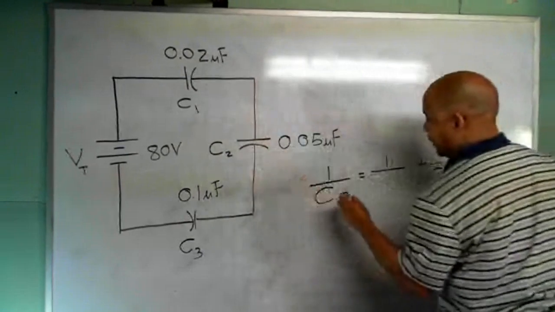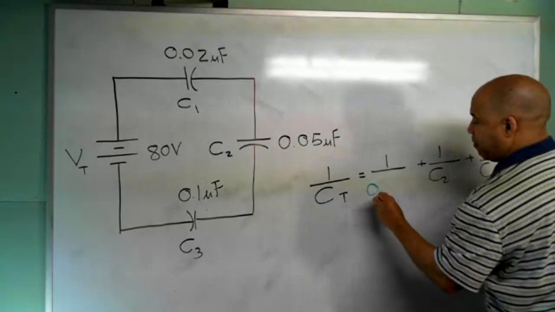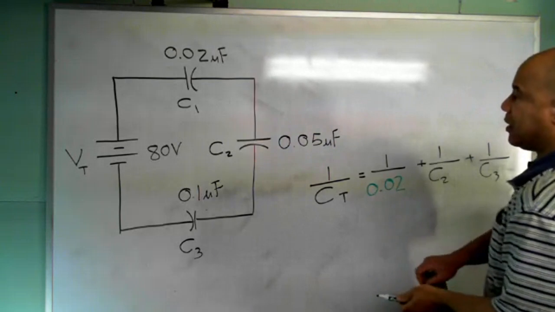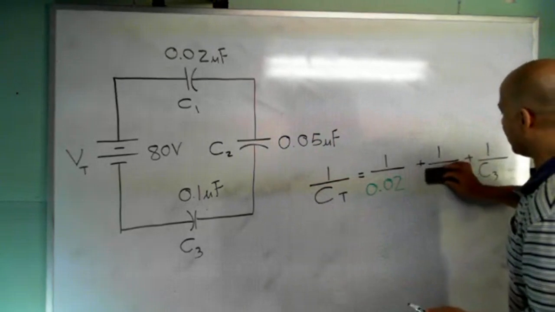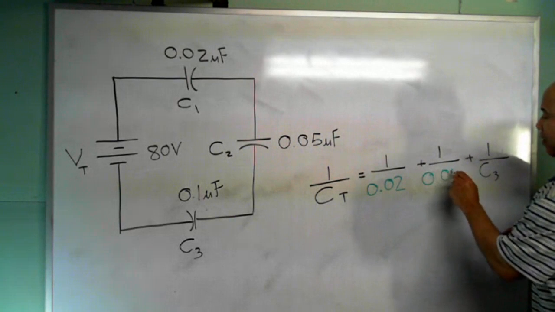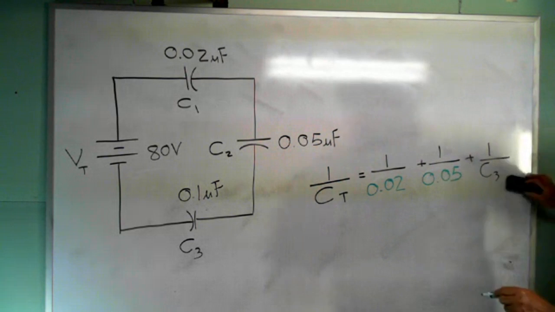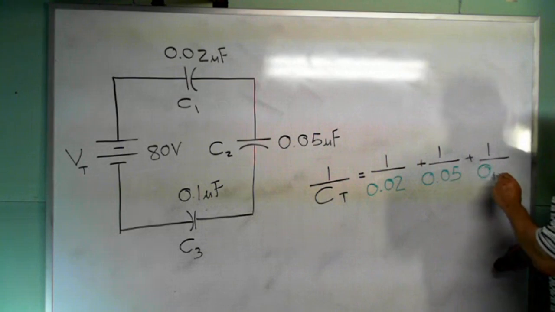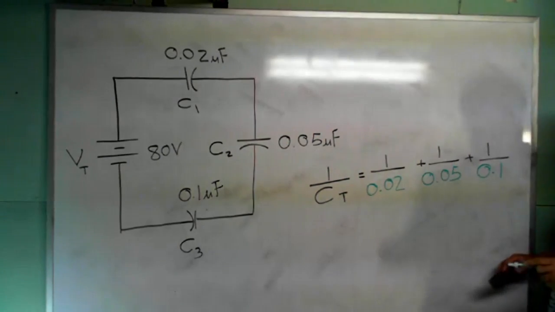C1 is 0.02 microfarads. C2 is 0.05 microfarads. And C3 is 0.1 microfarad.